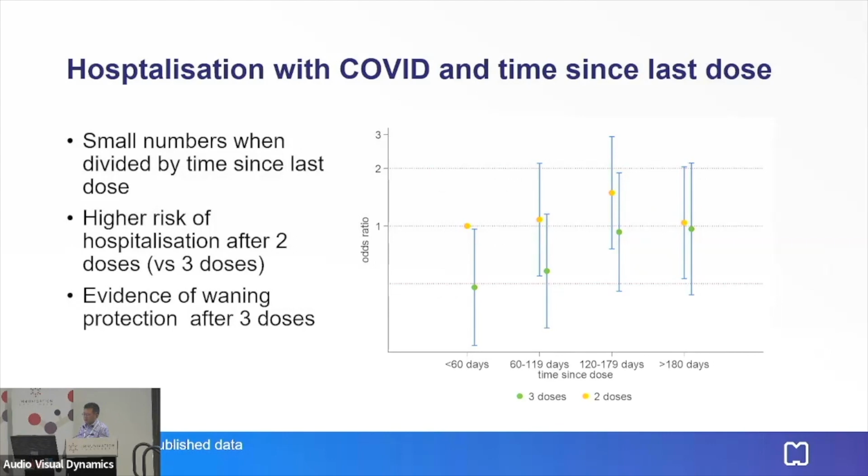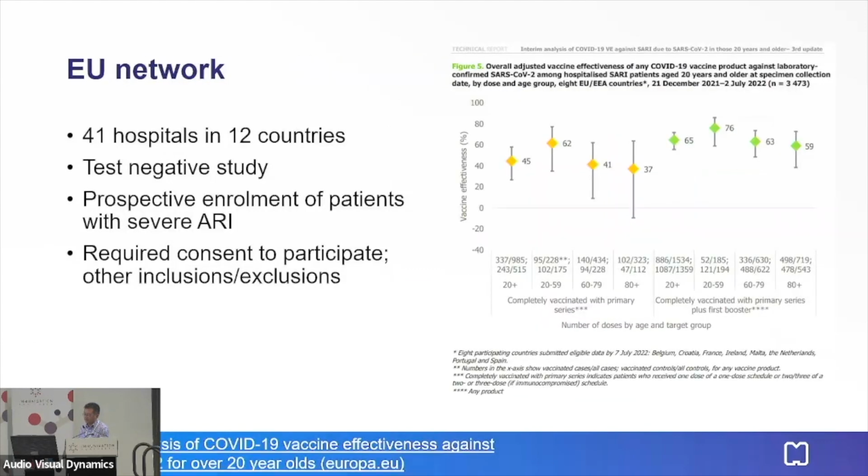Over time, there is waning, so that 6 months after a 3rd dose, it's equivalent or similar risk of infection to very soon after a 2nd dose. And there's still looking at the data for time after 4th doses.